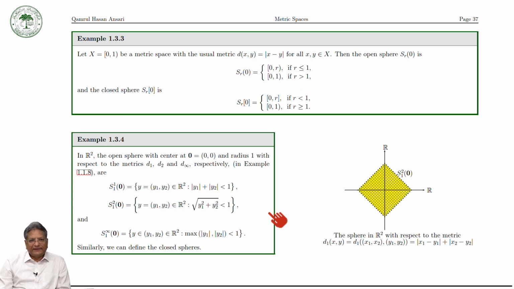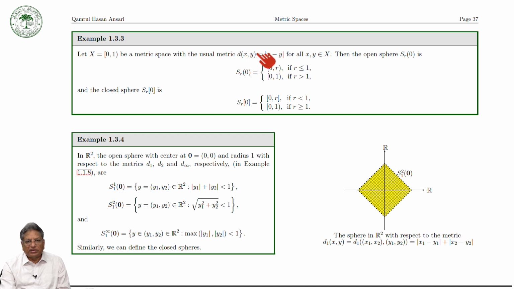Now let's see, this is very important. Suppose I consider X equal to this set, the closed interval 0 and open interval 1. Now this is a metric space with respect to the usual metric, meaning d(x, y) is equal to mod of x minus y.